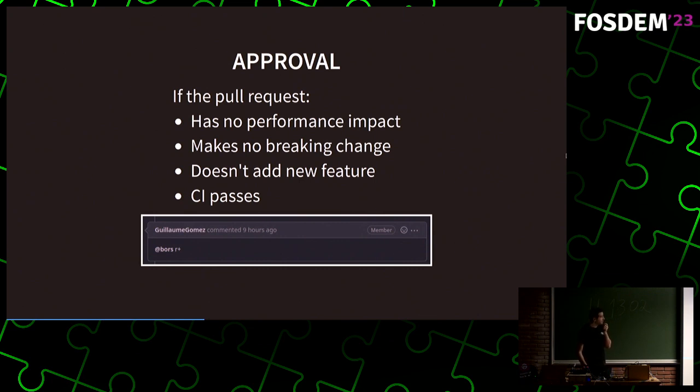Of course, if it adds a new feature, it's very likely that we will need to be sure at 100% that it's not something that we'll need to change, deprecate, or literally just remove at some point, because it happened a few times and it's not great. And obviously, the CI must pass, so that's a lot of small conditions.